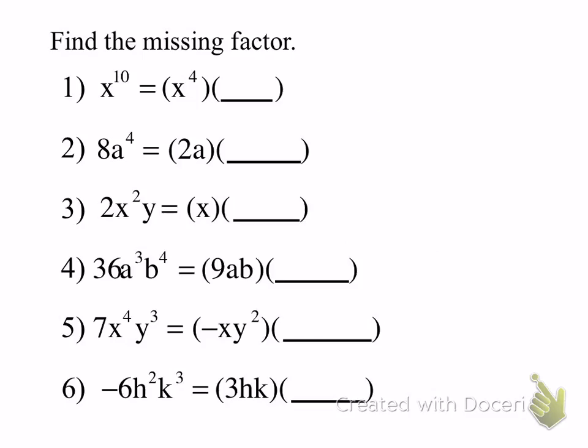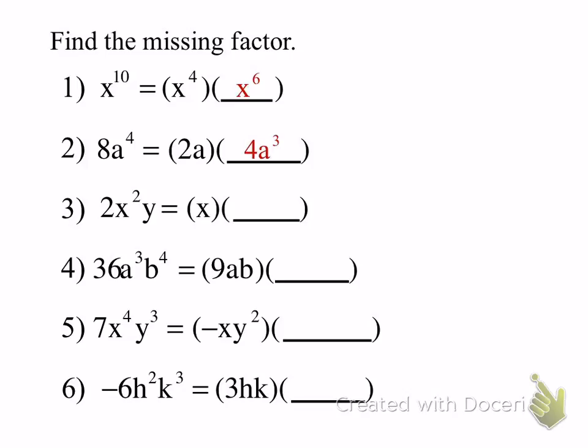All right, so I'm missing a factor here. Just like if I had 6 equals 2 times something, what would I put in there? 3. 3, right? Okay, what factor is missing, Caleb, for number 1? X to the 6. X to the 6, good. What factor is missing for number 2, please? Hike. 4, a to the 3rd. Perfect.